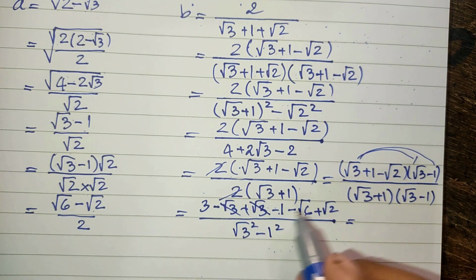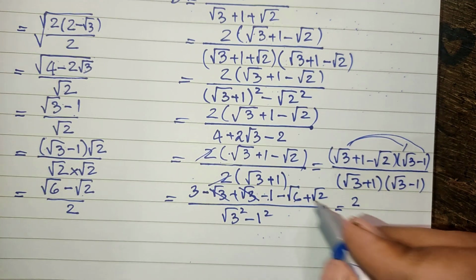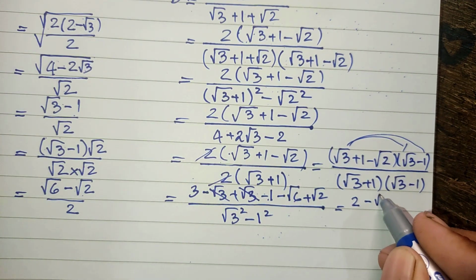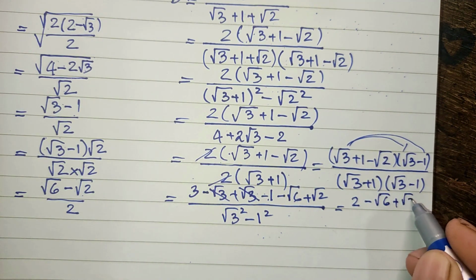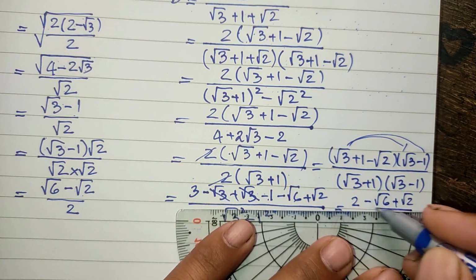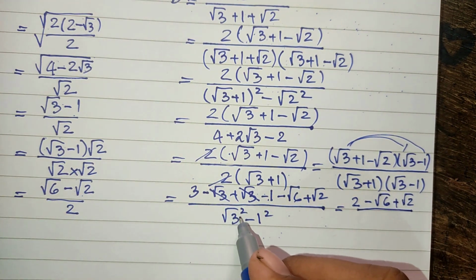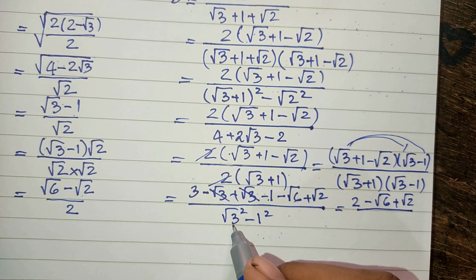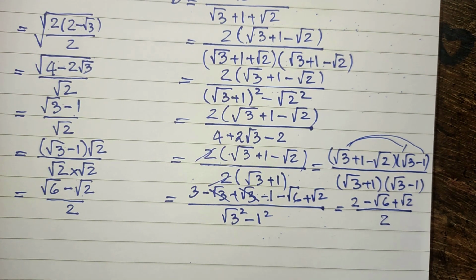We get 3 minus 1 is equal to 2, and this is (−√6 + √2) divided by 2.